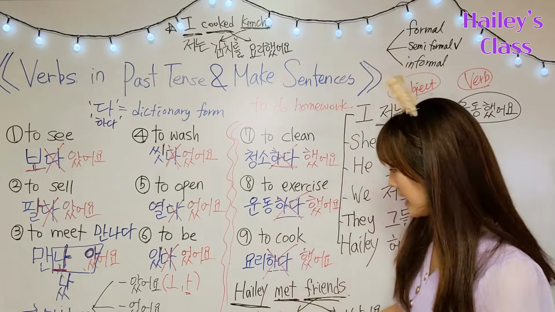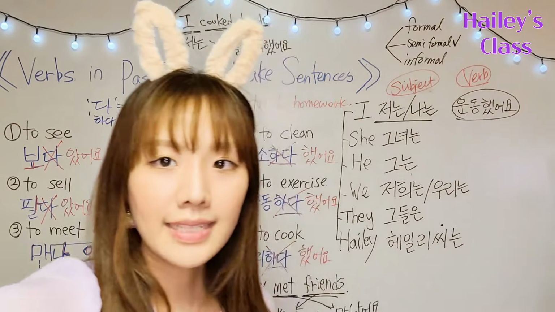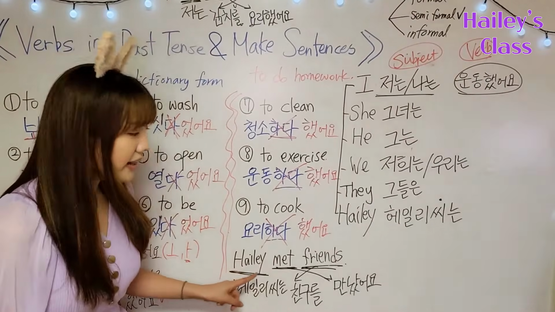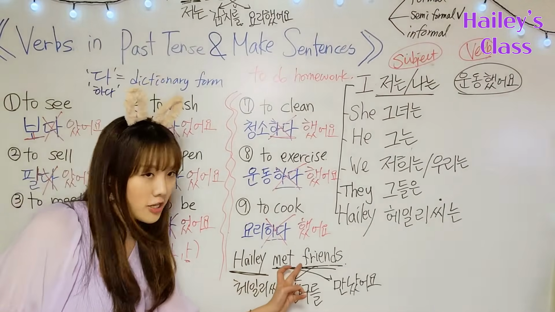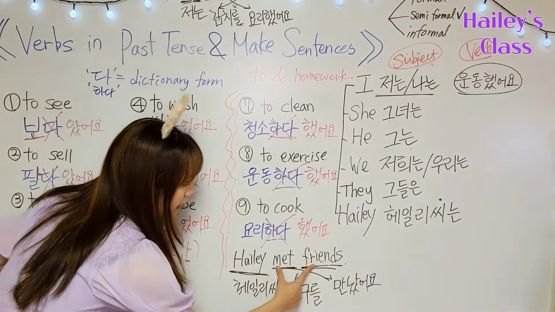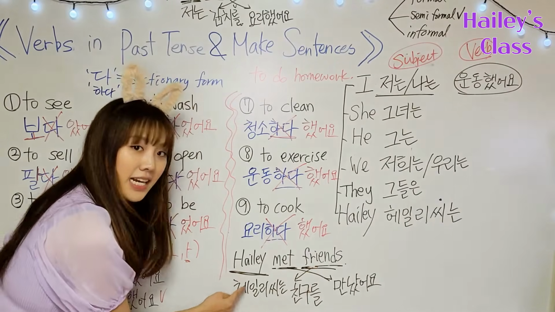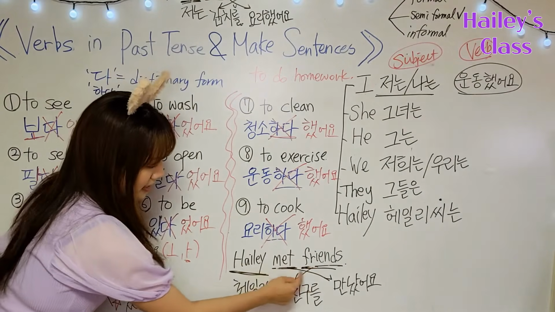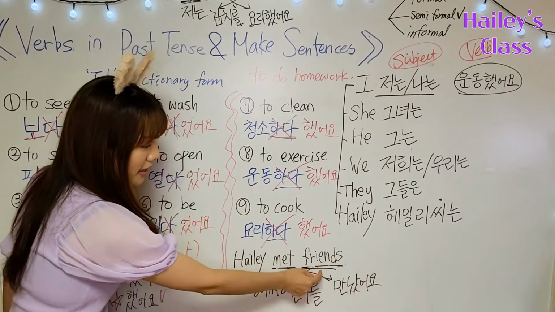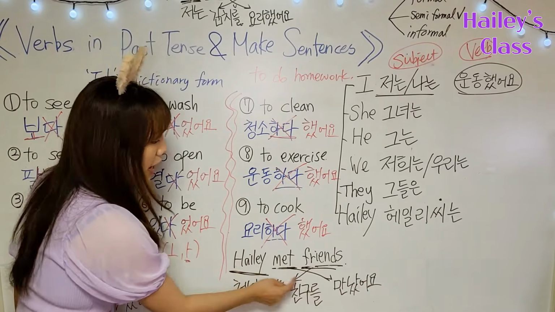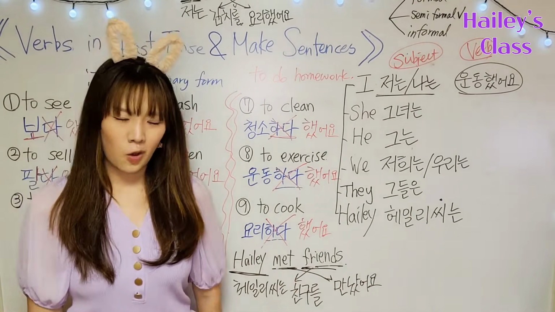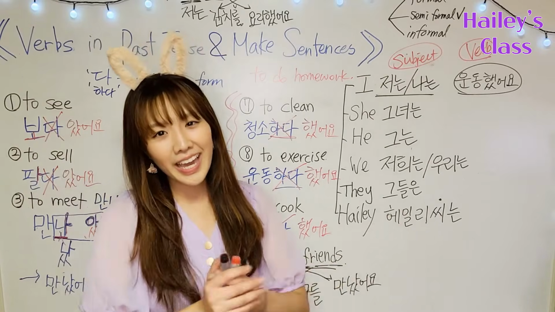And then in here, the last sentence in here, Hailey met friends. And then you have to change this part. Met friends, and then Hailey 씨는 met, 만났어요 in the back, and then friends, 친구들을 만났어요, like this. Okay? Got this?